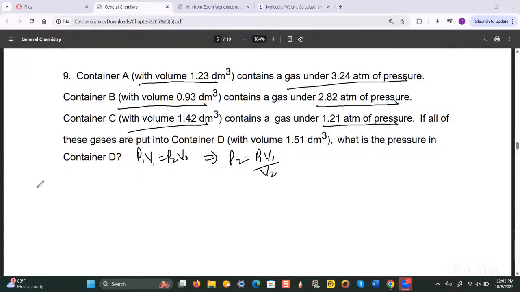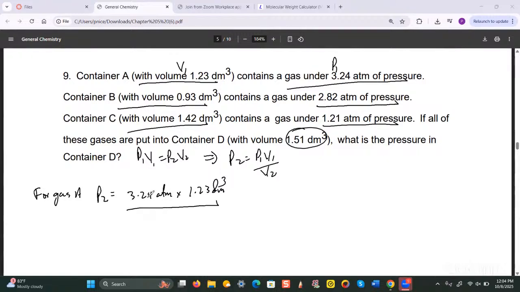We're going to do a calculation here for gas A. P2, when it's transferred into container D, is going to be equal to P1, which is 3.24 atmospheres, times V1, which is 1.23 decimeters cube, divided by V2. What's V2? The final volume, which is 1.51 decimeters cube.